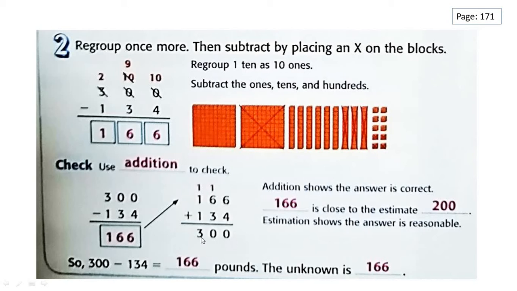So we know our answer is correct. So 300 minus 134 equals 166 pounds. The unknown is 166. Please, grade 3, be sure to write these answers in your book, page number 171.